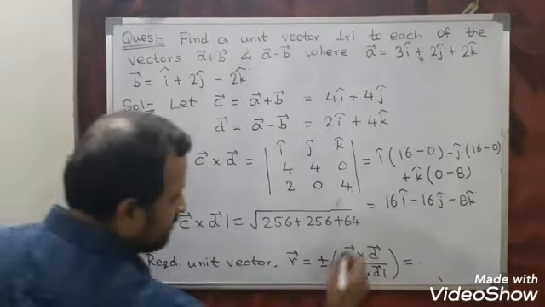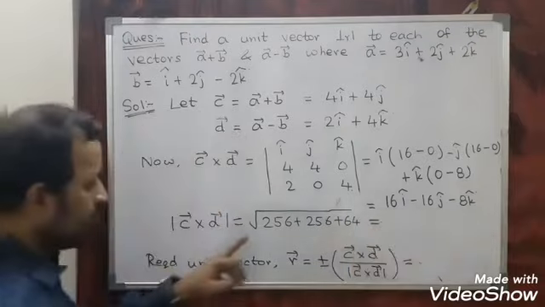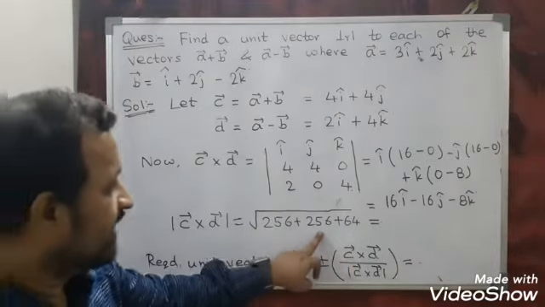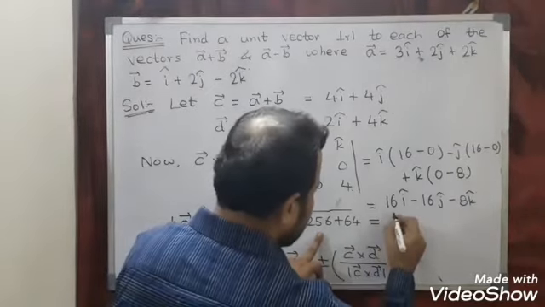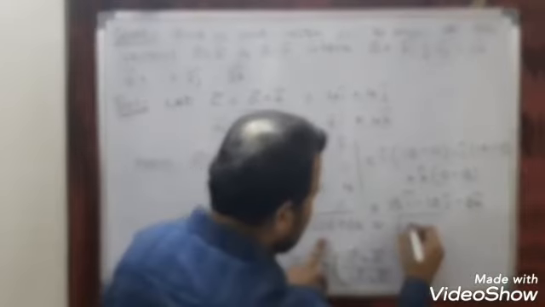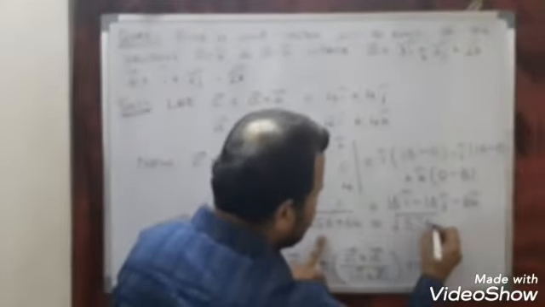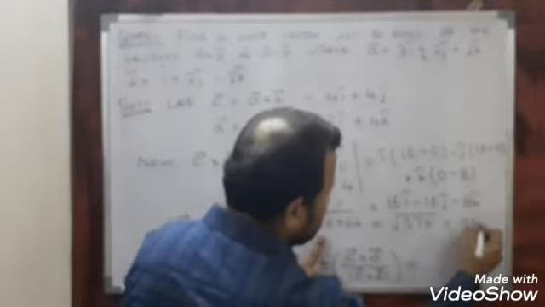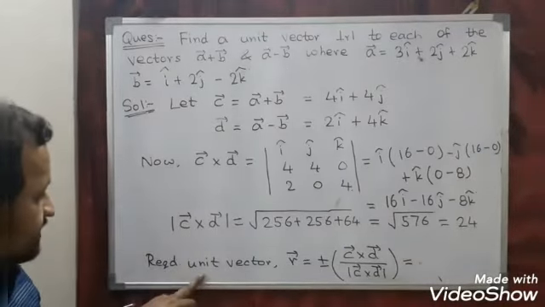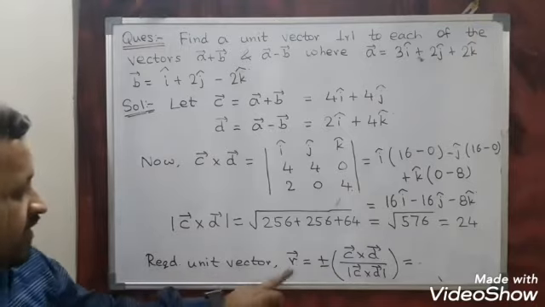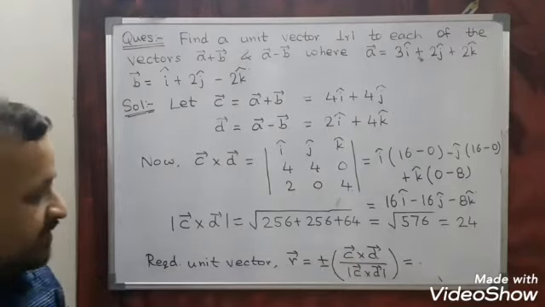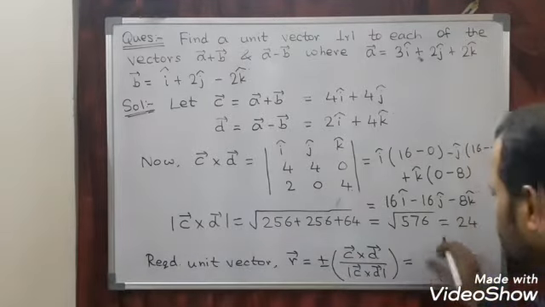So calculate this. 256 plus 256 is 512, 512 plus 64, I think it is 576, and square root of 576 is 24. So put these values in this formula. The required unit vector R vector is equal to plus minus C cross D divided by magnitude of C cross D. So put the values.